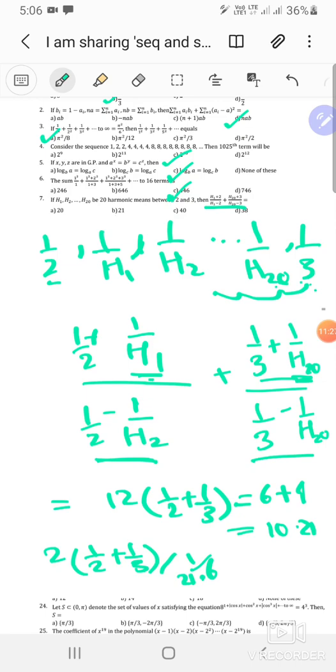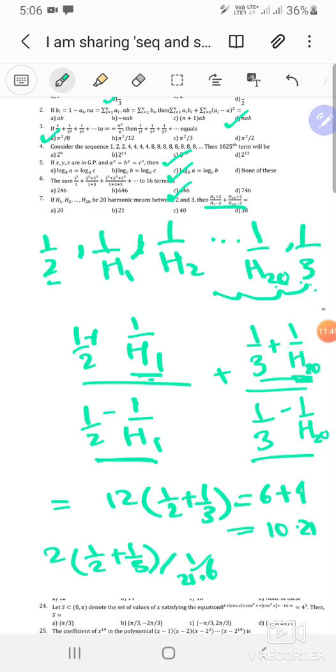What is going wrong? So 1 by 2 minus 1 by h2. Wait, that's 2 times the difference, not the difference. Okay, fine. So no, wait, that's actually 1 by h1, so no big deal. It's the same thing. Sorry for that. It looks correct.